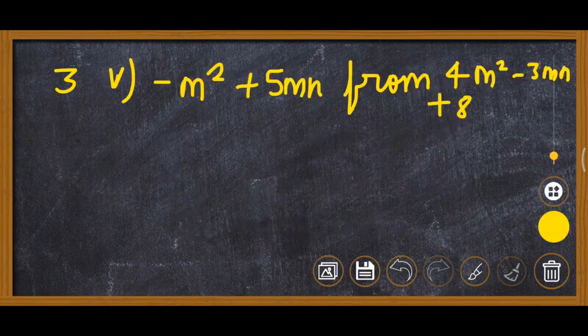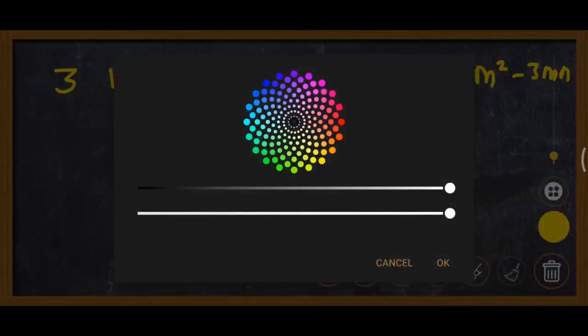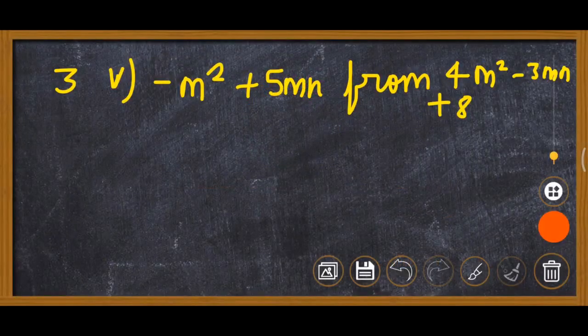This is the fifth part. Now here you have to subtract minus m square plus 5mn from 4m square minus 3mn plus 8. First of all write 4m square minus 3mn plus 8.